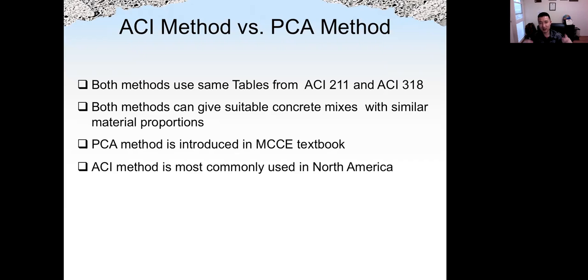These are the organizations for cement and concrete materials. Both methods use the same table. The table comes from ACI Committee 211 and also Committee 318. Both methods can give suitable concrete mixes, and results are pretty similar, of course, because they use the same table.